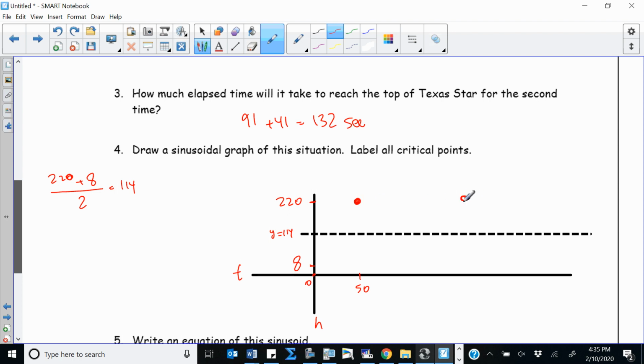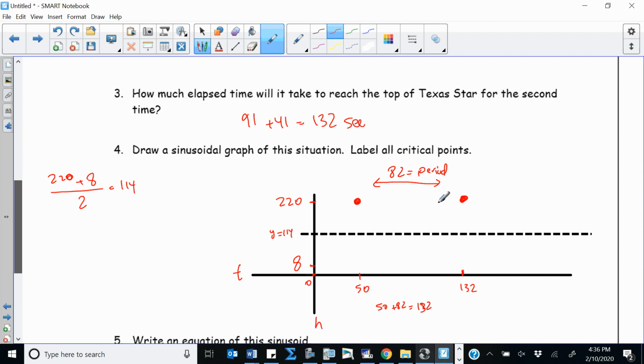The next high point is something like this, and it takes 82 seconds, or one period, to reach to the next high point. So this point here is my next high point. From 50 plus 82, which is 132.